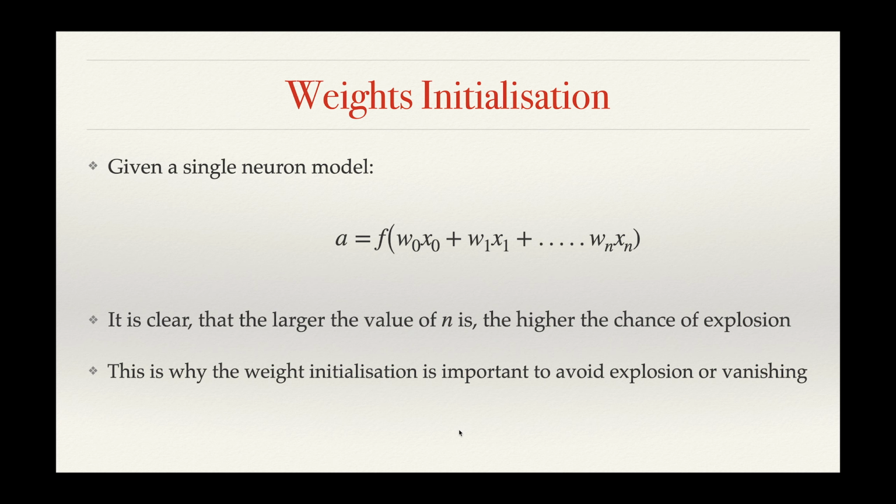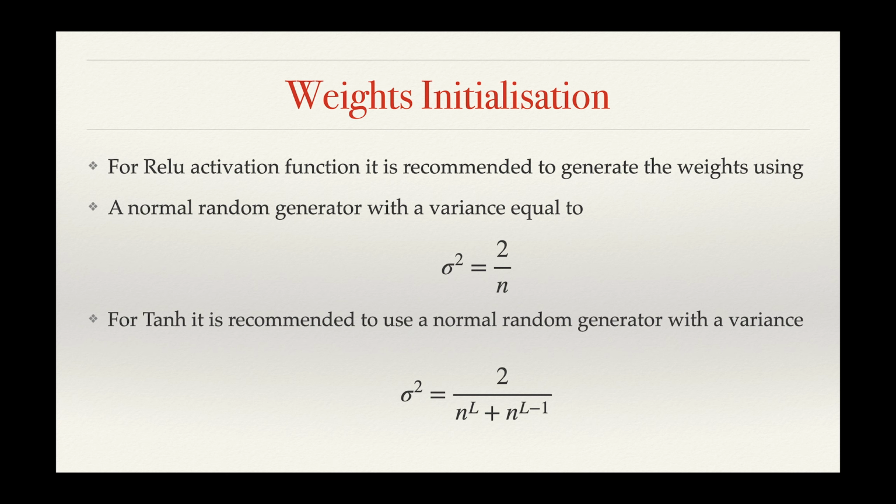This is why the weight initialization is important, and the weight initialization should also be a function of the number of neurons or the number of terms here. There are, of course, different initialization methods for different activation functions, because ReLU, for example, is different from tanh or sigmoid.